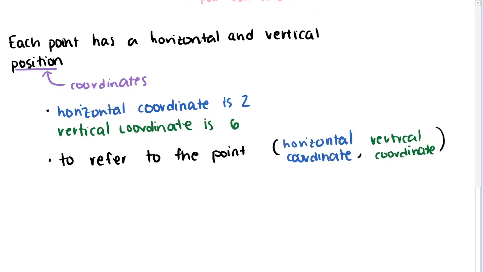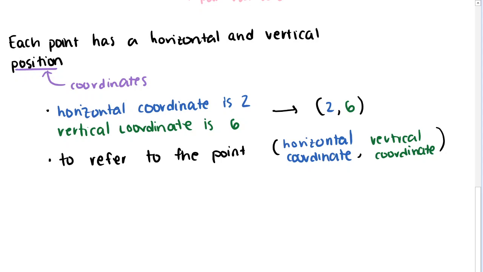So if you see a pair of numbers in parentheses separated by a comma, this is talking about a position on a grid, where that first quantity is the horizontal coordinate, and that second number is the vertical coordinate. And so our above example is written as (2, 6) in parentheses.